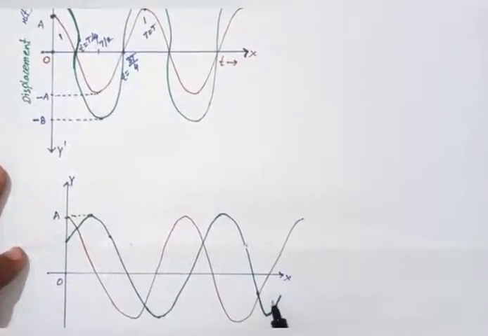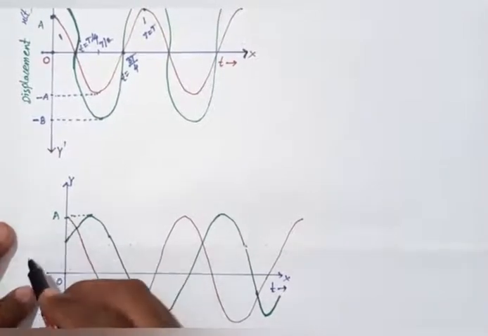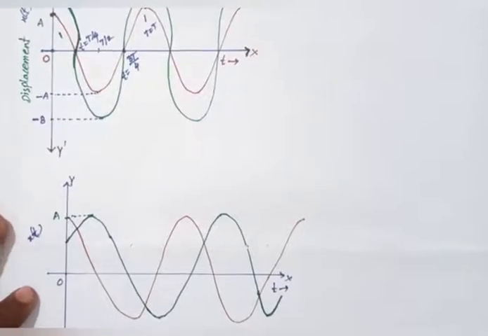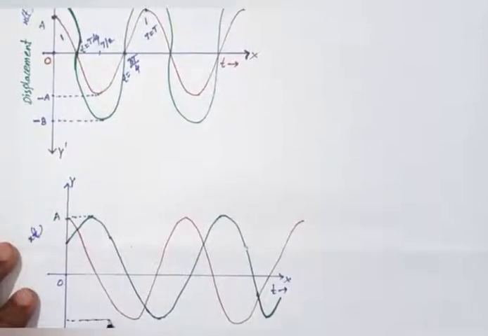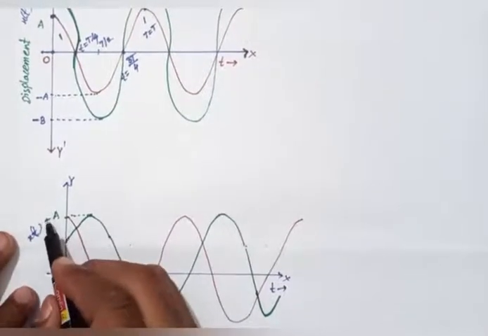On the x-axis we have taken time, on the y-axis the displacement x of t. Here the amplitudes are equal, negative A and positive A.